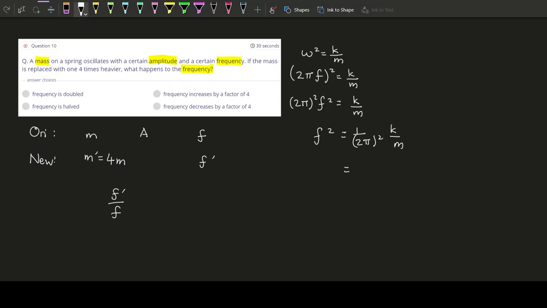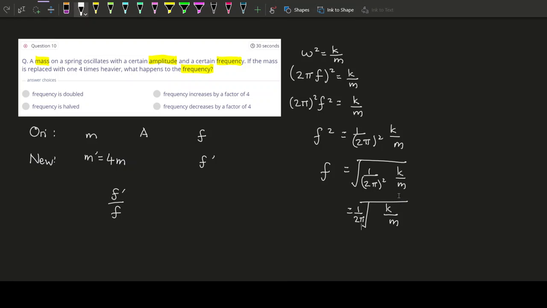Now if you square root the whole thing, the square root and the square cancel out. Then you are left with square root of k over m inside, and outside you have 1 over 2 pi. This is the general equation for frequency.